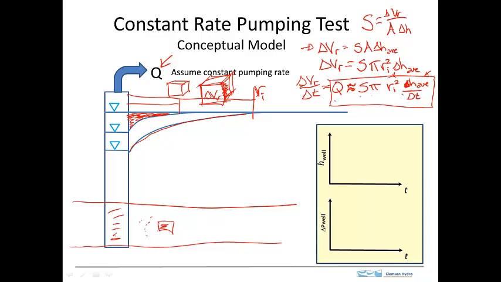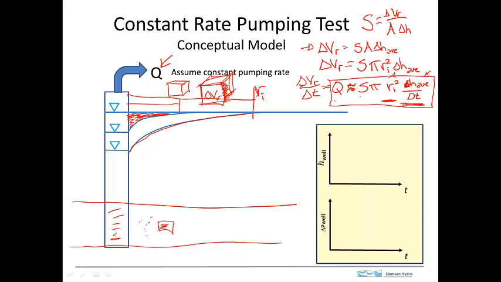And so the rate of change of the head, this is how rapidly the head is dropping, is going to be decreasing as the radius of influence is increasing.